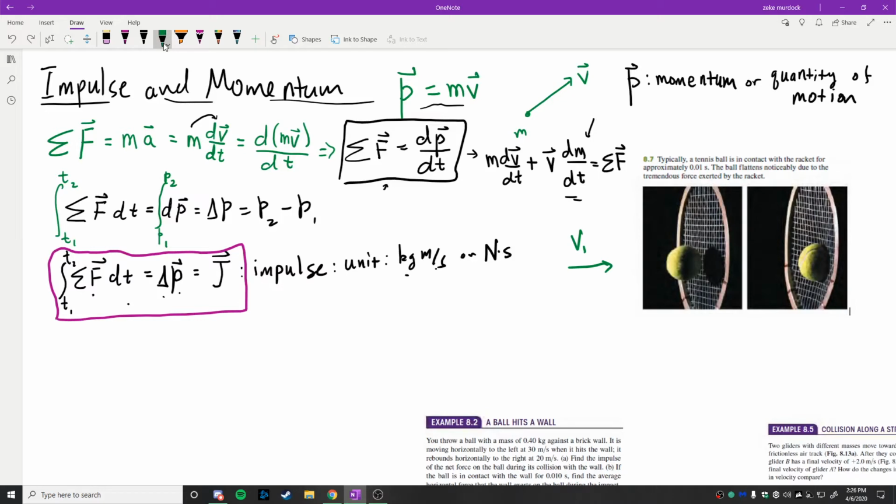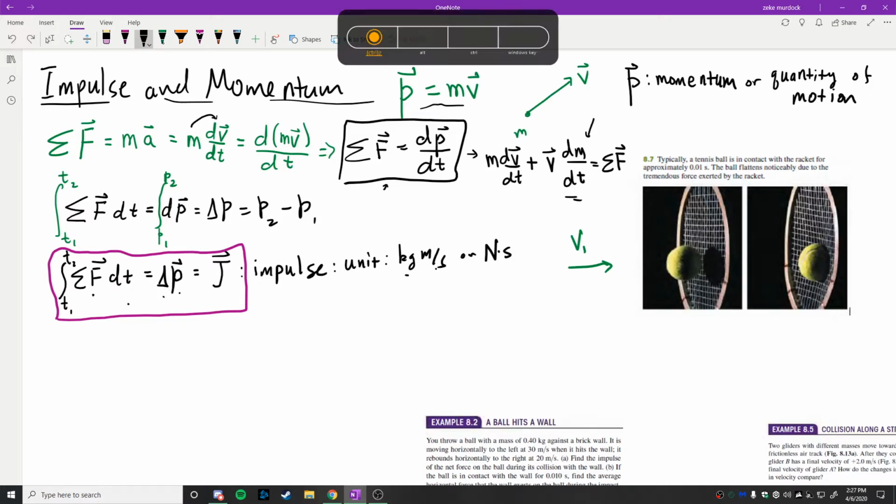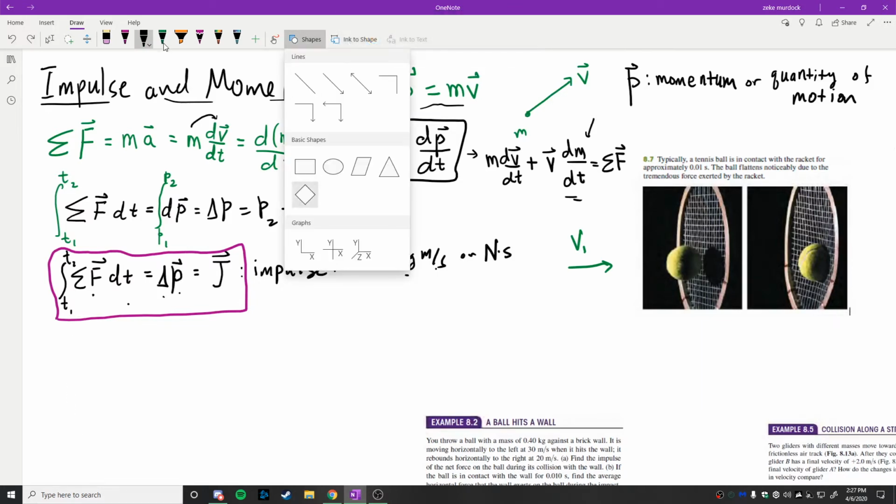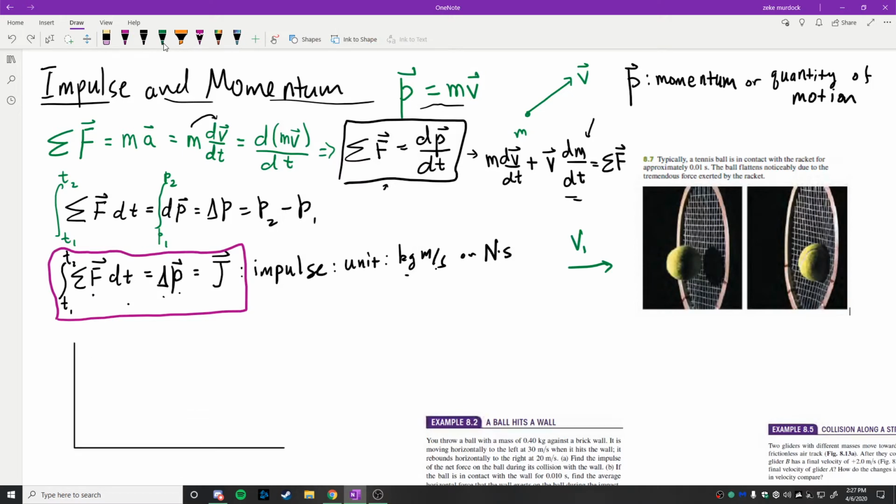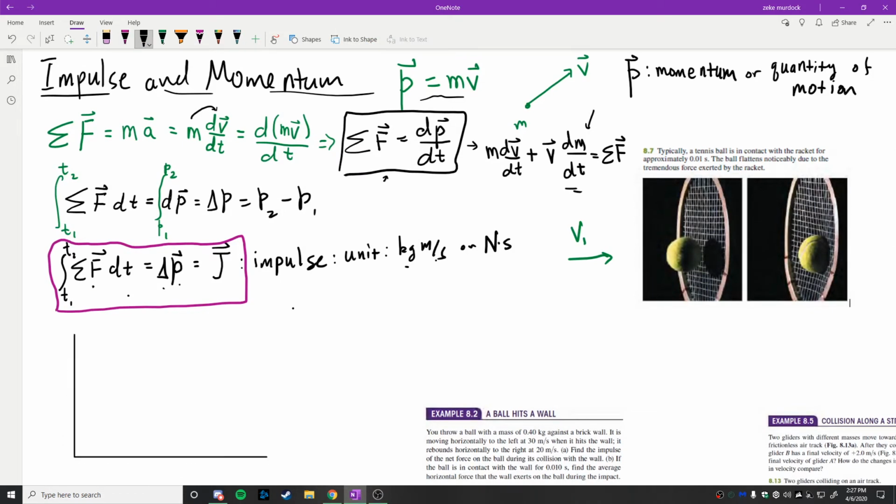So how does that show up in this equation? There are two different ways to think about it. One way is to plot the force as a function of time, with force over here and time down here.